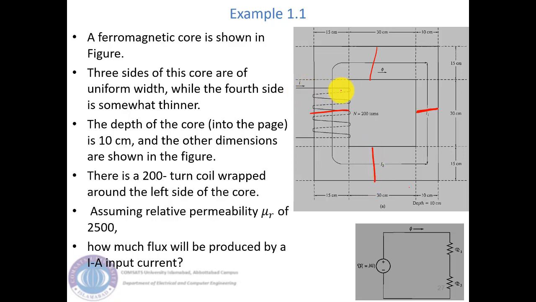And we have a coil which has 200 turns around one side of the core, and we have given the relative permeability mu r is 2500, and we have to calculate how much flux is produced in this magnetic circuit. If we look closely at this magnetic circuit, we can divide it into two reluctances which have the same uniform width.